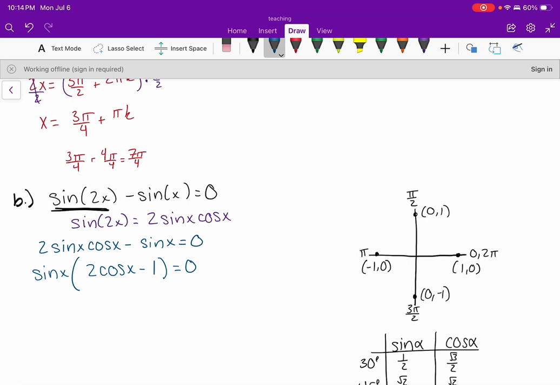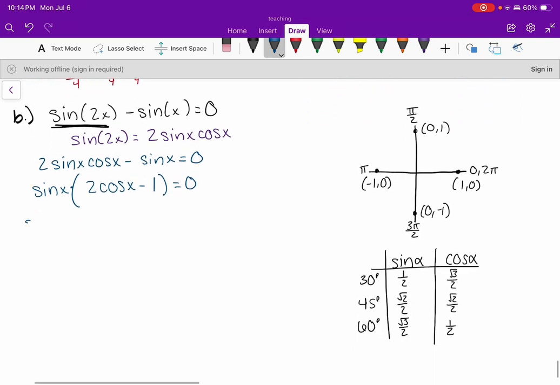Now remember, when you factor, like if you have something like x minus 2 times x plus 3 equals 0, you can set both of these parentheses equal to 0. Same thing if it said x times x plus 3 equals 0, you'd have x equals 0 and x plus 3 equals 0. We're going to do the same thing here.